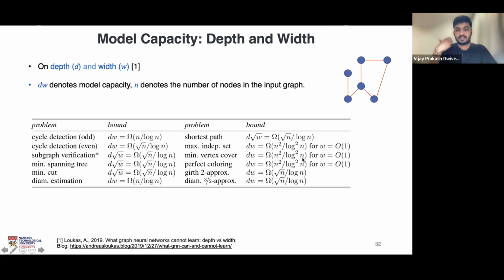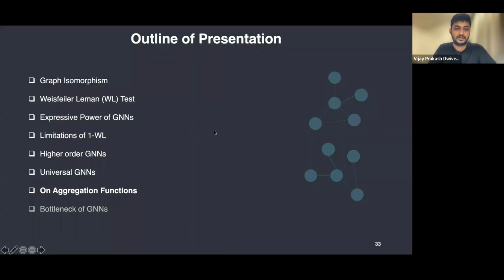As a general rule of thumb, if you are dealing with a problem where the graph sizes are very large, you should definitely have a DW that is proportional to that. And if you have a smaller graph, with maybe 10 or 20 nodes, then you should have a smaller model capacity. So this is proportional to the number of nodes in the graph. Also note the trade-off: all these bounds are a multiplication of depth and width.